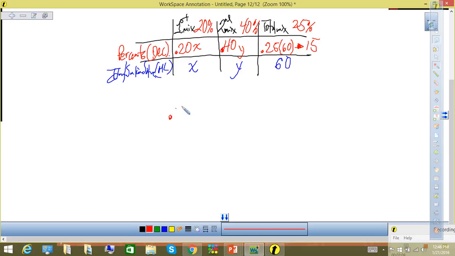Okay, so it's 0.20x plus 0.40y equals 15. And then it's x plus y equals 60. Question here, which variable would you like to eliminate?